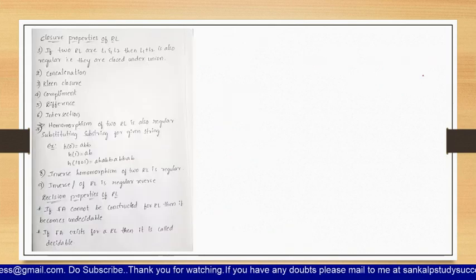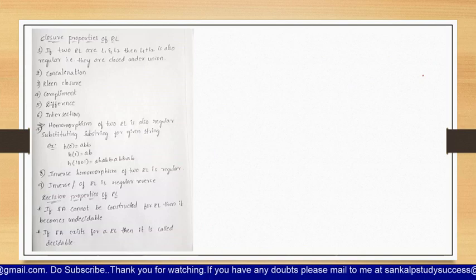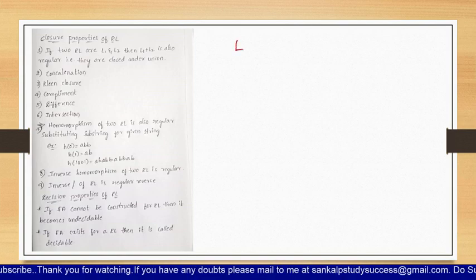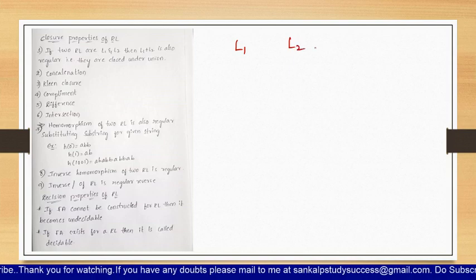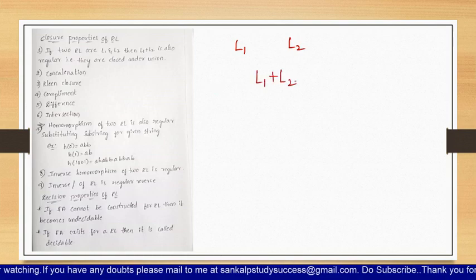Now let us see some of the properties of regular languages, the closure properties of regular languages. That means if you consider two regular languages, L1 and L2, and you take the union of these two, L1 plus L2, then they are closed under union.